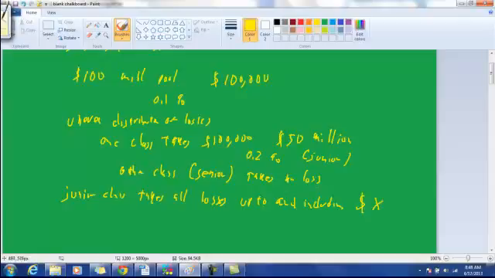So let's say in a $100 million mortgage pool, let's say they take the first $1 million in losses. And then you have a senior class that absorbs losses above that.